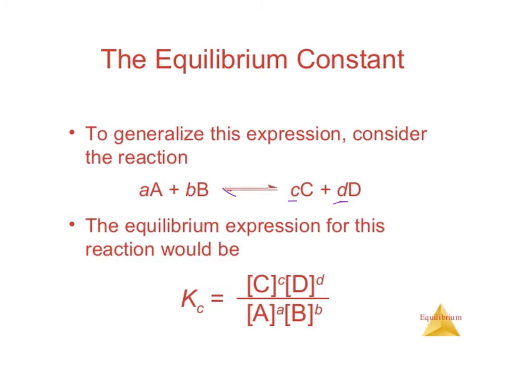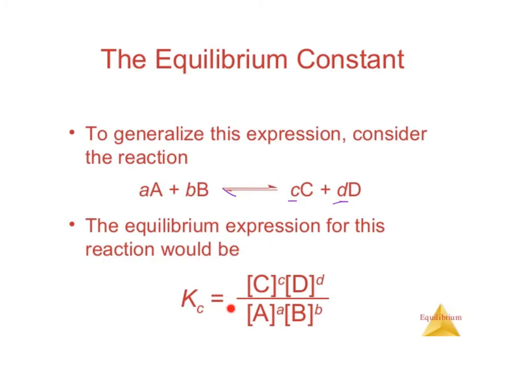So the concentration of C raised to little c, the concentration of D, these brackets mean molarity, raised to the power of little d, that's its coefficient, and divide that by the concentration of one reactant raised to its coefficient power, multiplied by the concentration of the second reactant raised to the power of its coefficient.